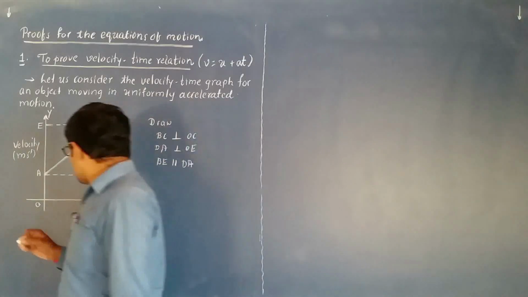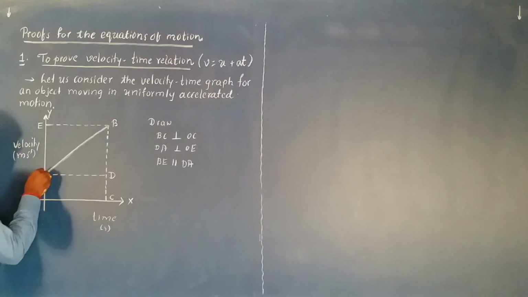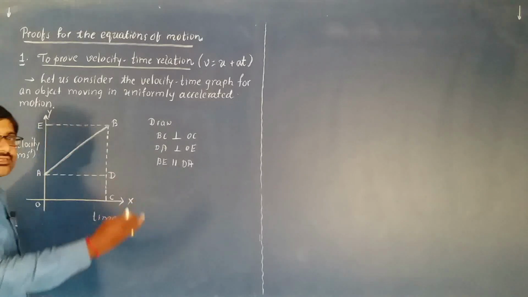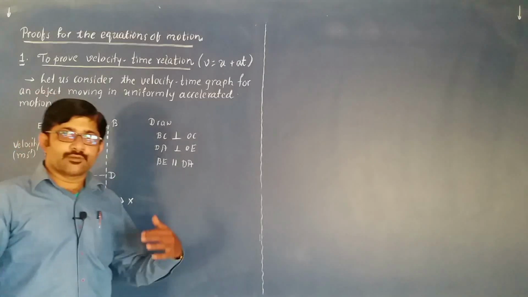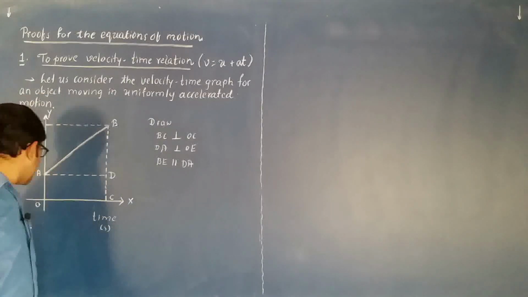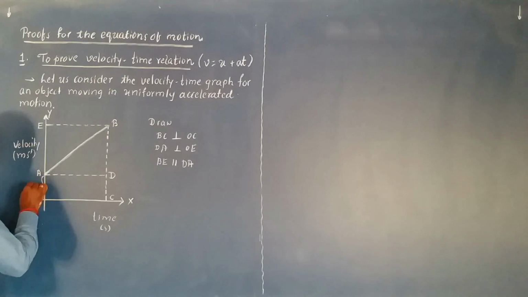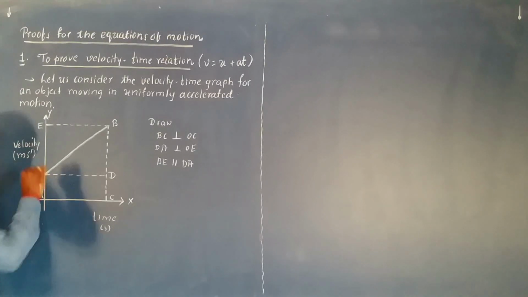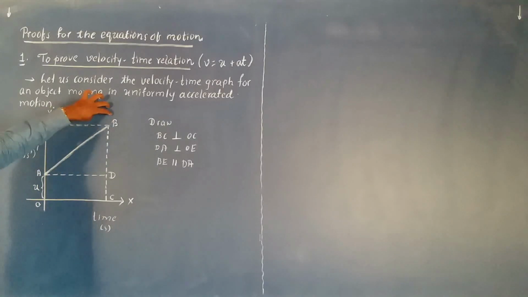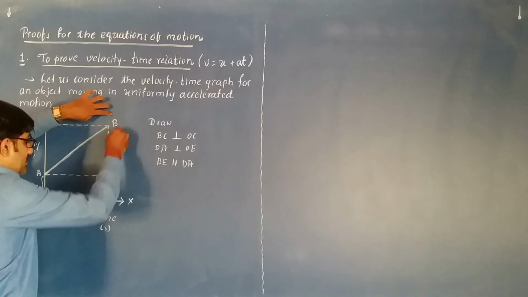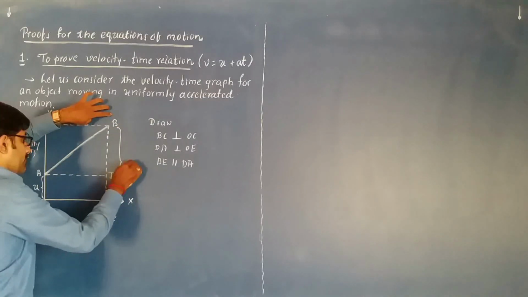So here, considering from point O to point B, the object is already in motion, and hence you can write it as the initial velocity. This region is taken as the initial velocity u, and the object at the end will be at B, and hence BC will be our final velocity v.